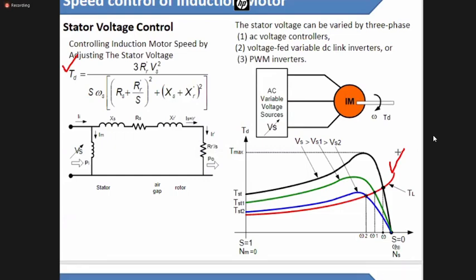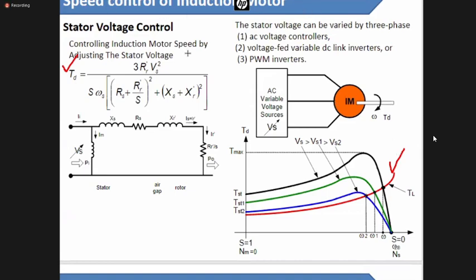Now, can you apply a stator voltage above the rated voltage? The answer is no. The supply voltage cannot be beyond a certain limit, which is already mentioned in the specification or nameplate.